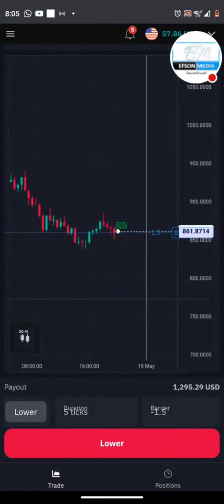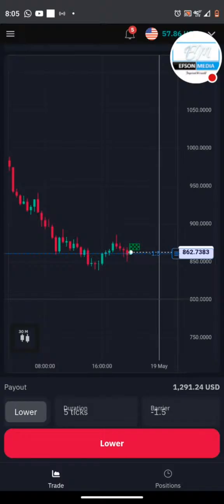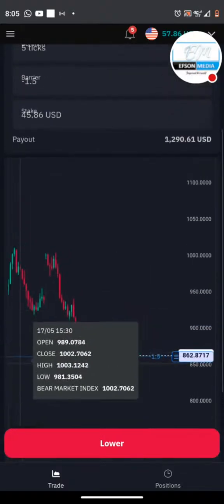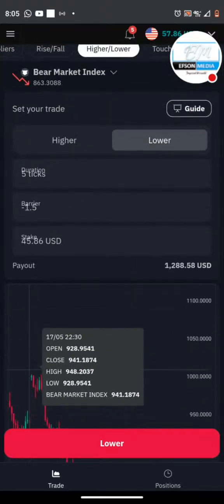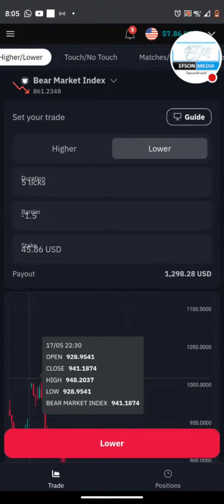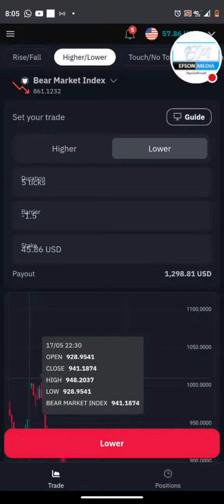So if you have joined us, we are on the Deriv platform. The registration link is below the description. You can just go there and join there. When you enter that platform, just push the button to the left. Then you come to high and lower.